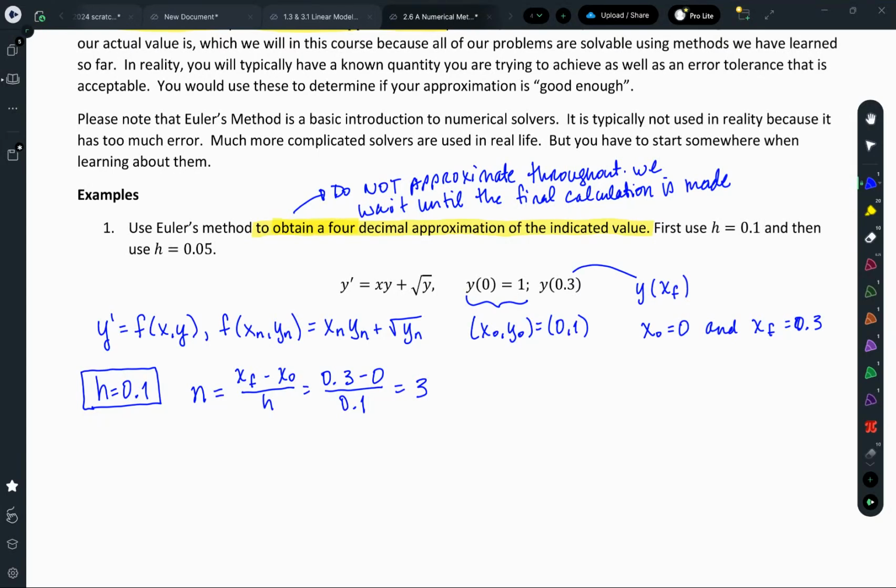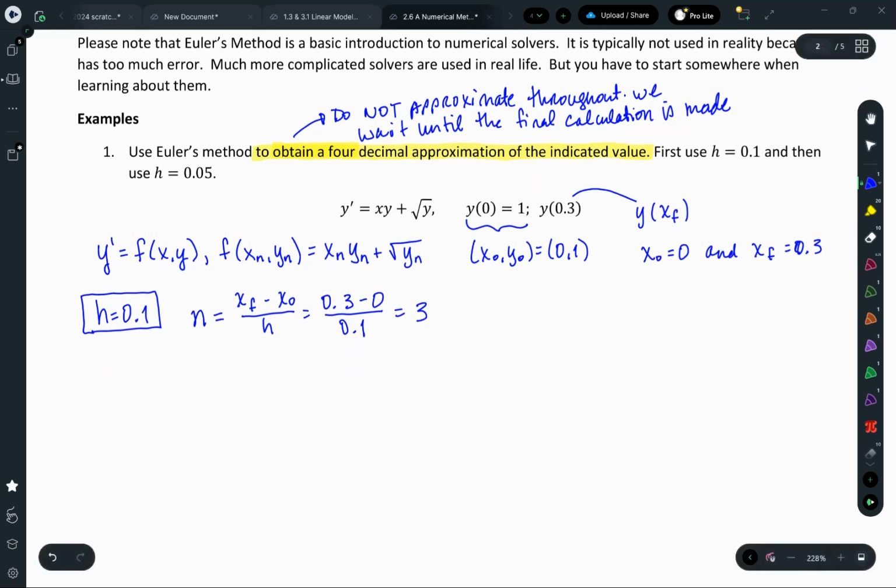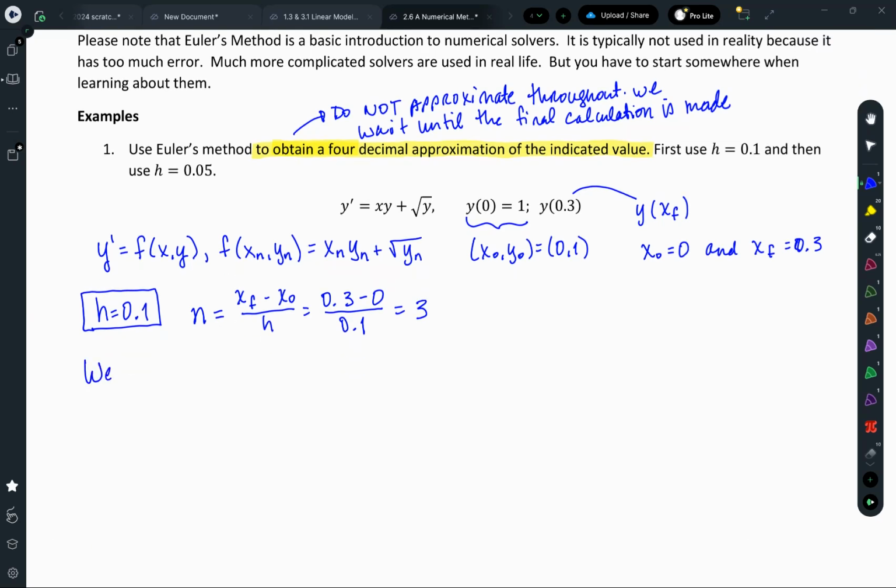Okay? All right. We know that y of 0 is equal to 1. Okay? The next x value that we're concerned about is 0.1 units away. Okay?